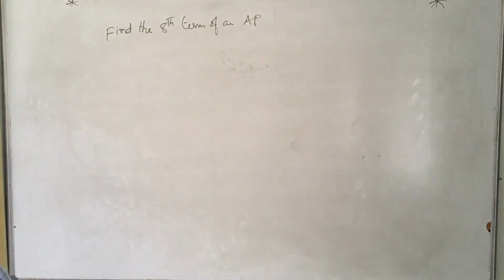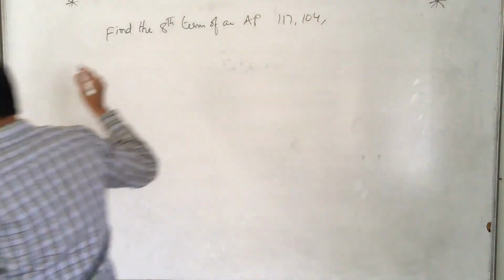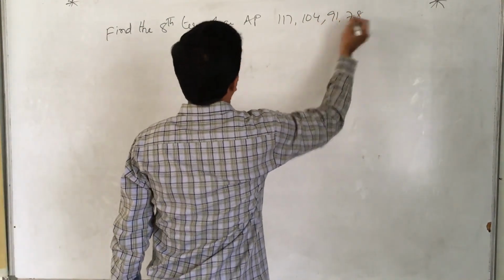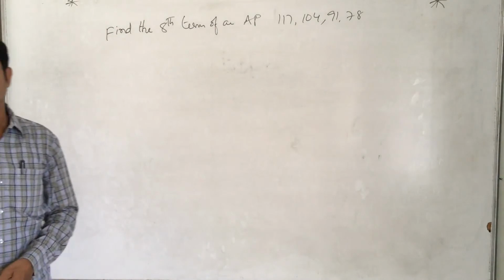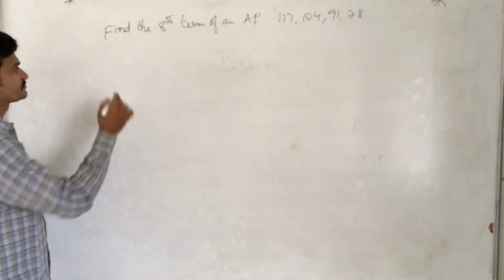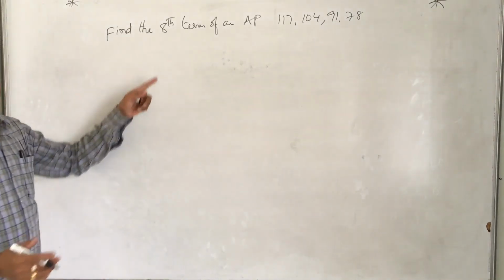The AP is 117, 104, 91, 78. You can find the eighth term. Now solve this interactive question, children.